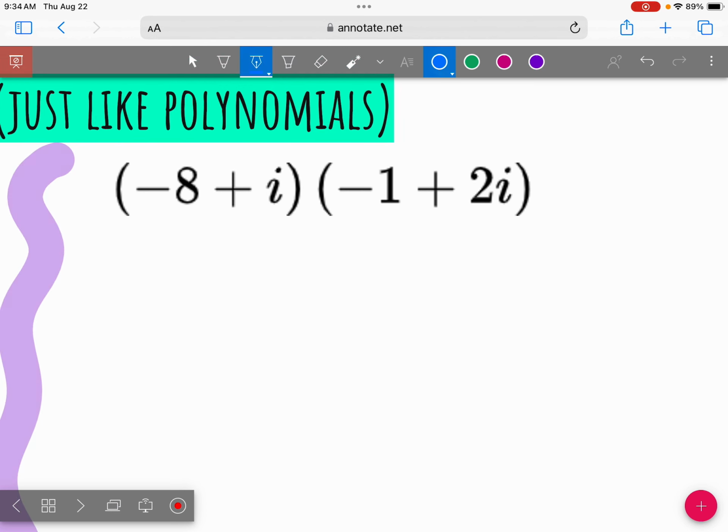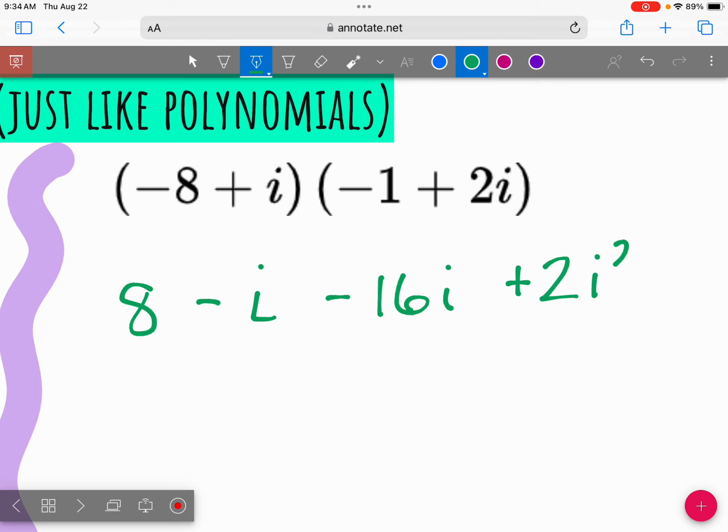So we're going to multiply together, do our distributions. We should get 8 minus i minus 16i plus 2i squared.